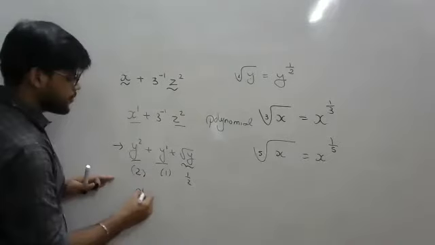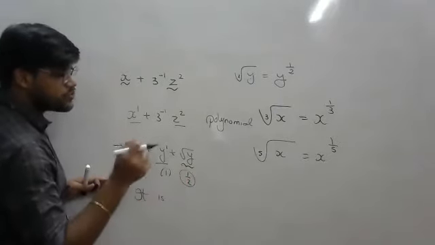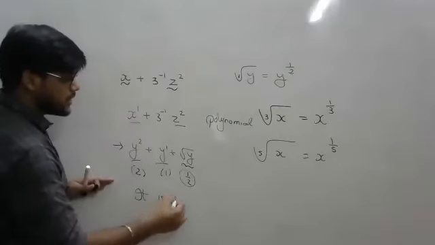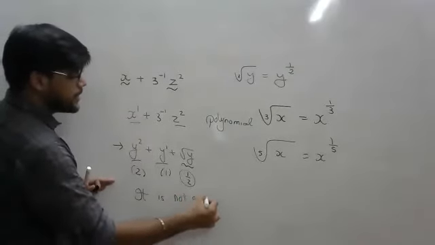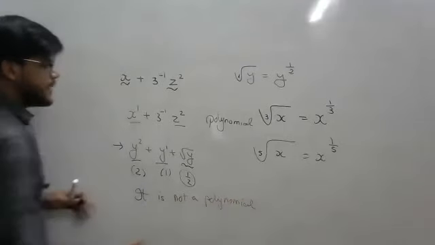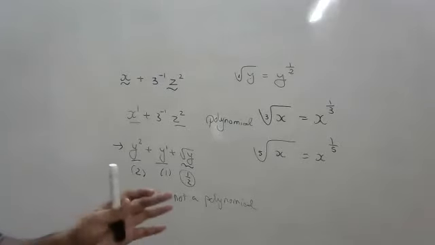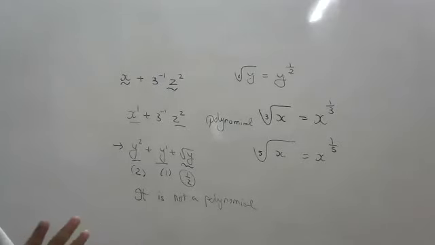It is not a polynomial because the power is in fraction and it should have been only whole numbers. See, I'm giving you some good examples. It's better if you write them so that when you go for revision, you'll understand from the examples itself.